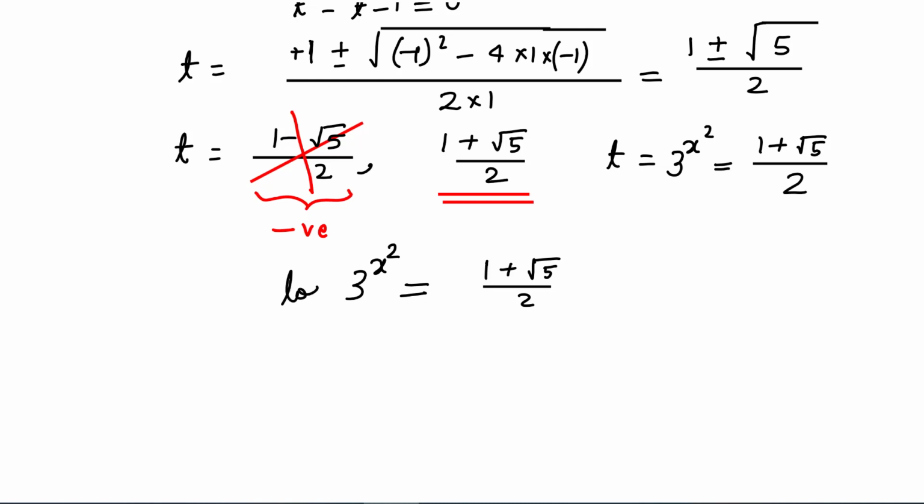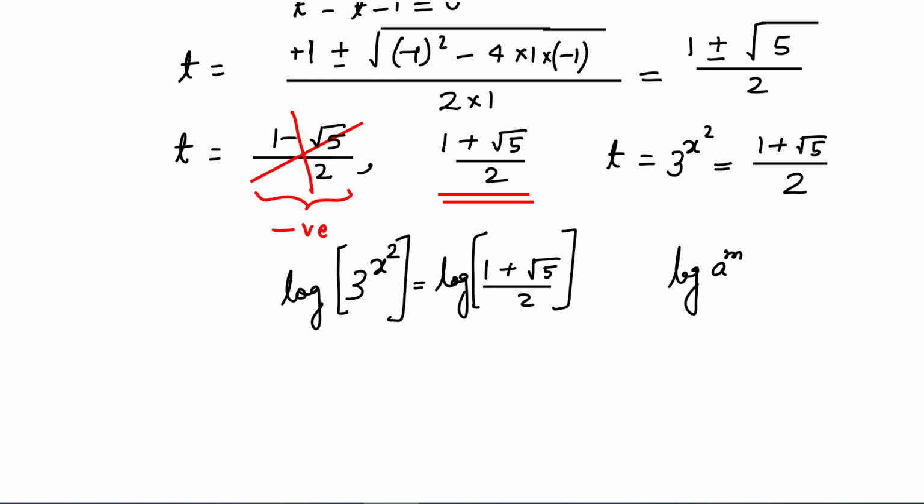If I take log on both sides, the log of this quantity is equal to the log of this quantity. Now if you use the rules of log, the rule says a raised to the power m can be written as m log a.